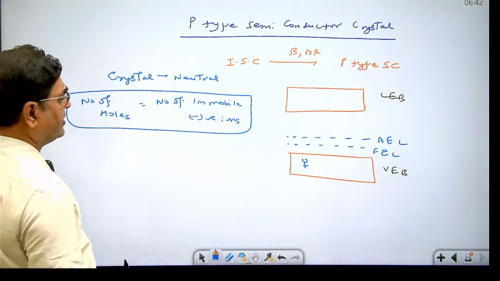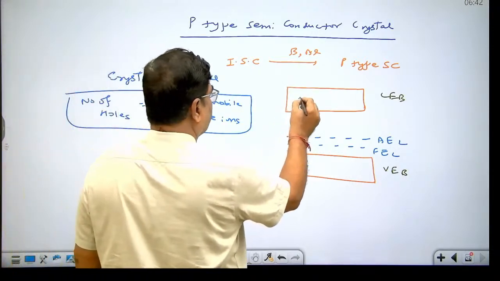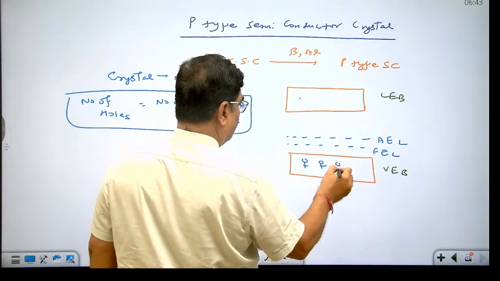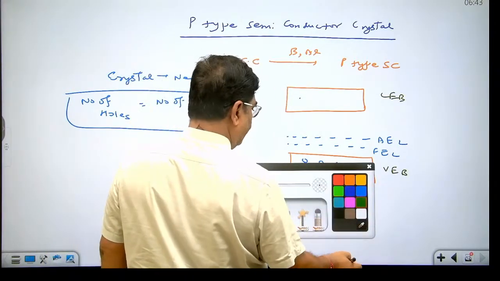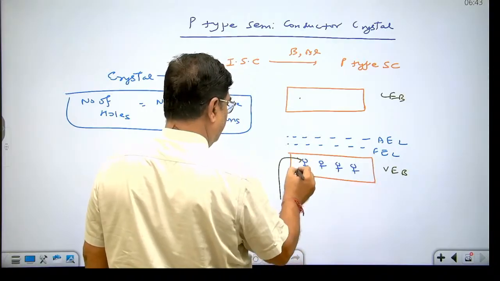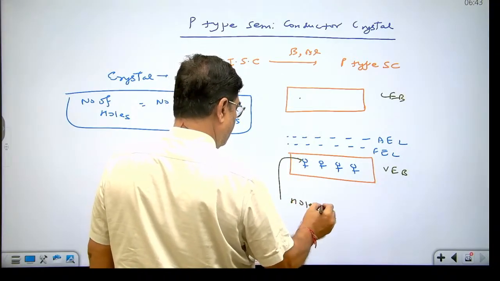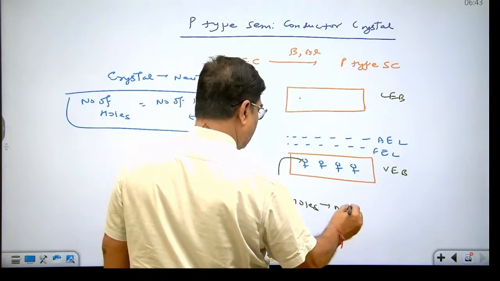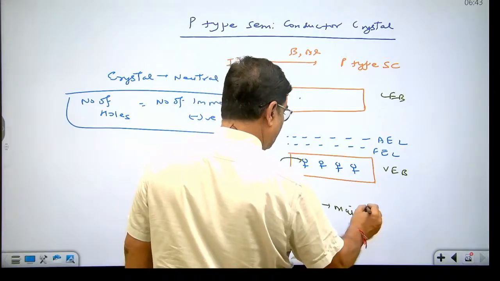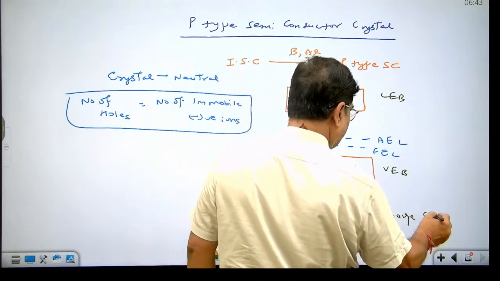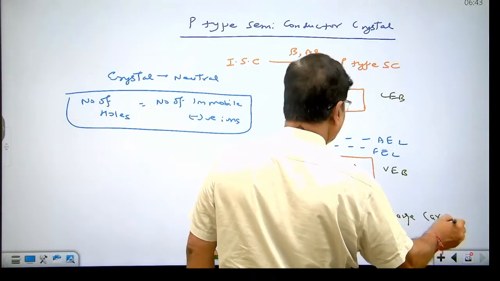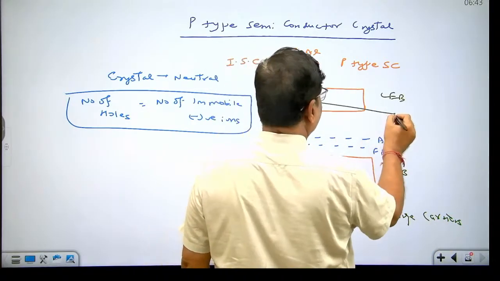Dear student, majority charge carrier: hole, and minority charge carrier: electron. Holes are the majority charge carriers, and electrons are in the conduction energy band.